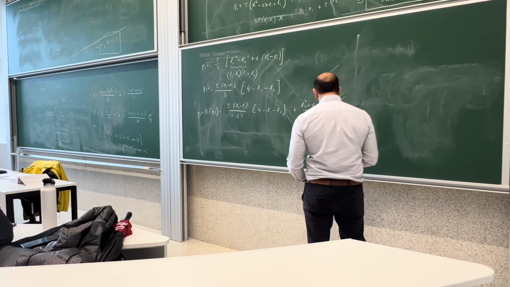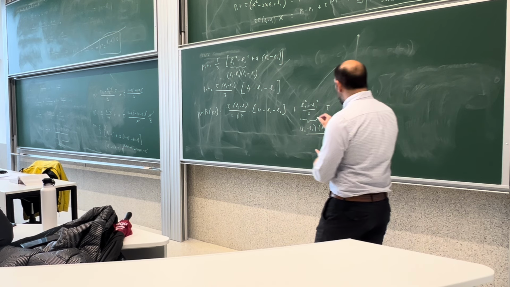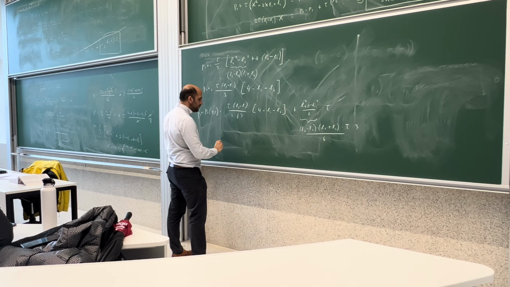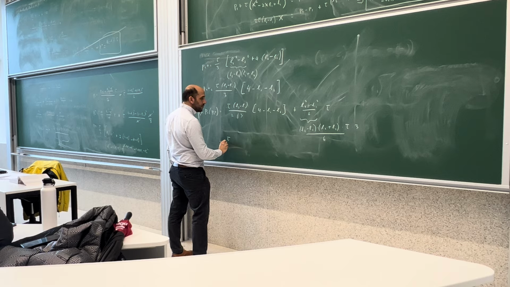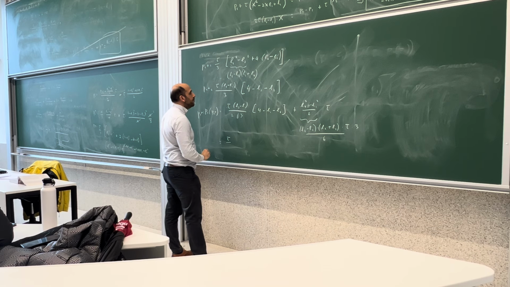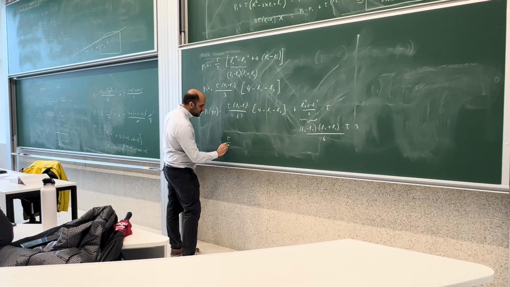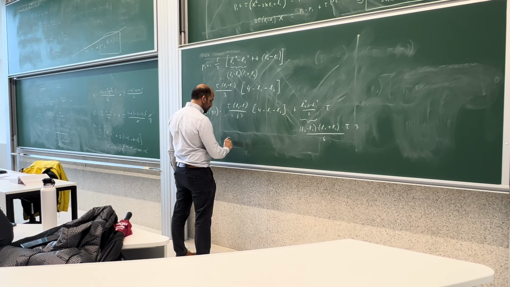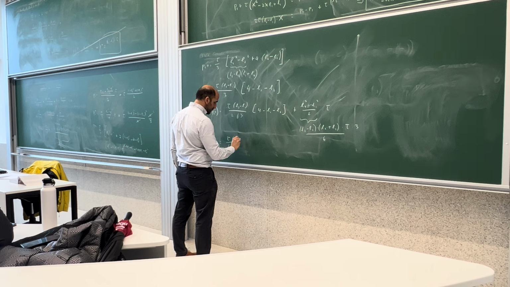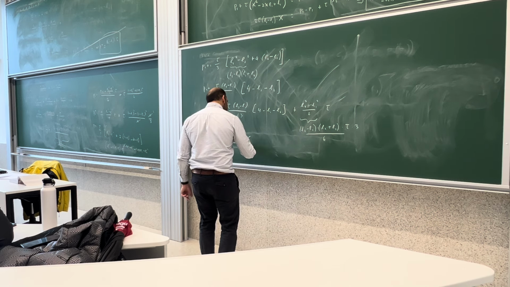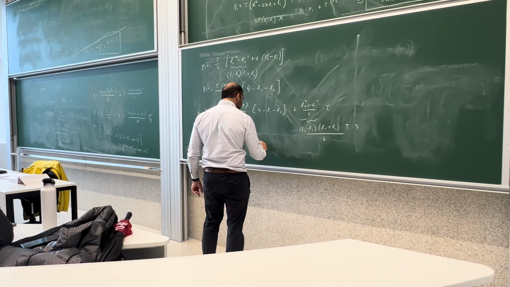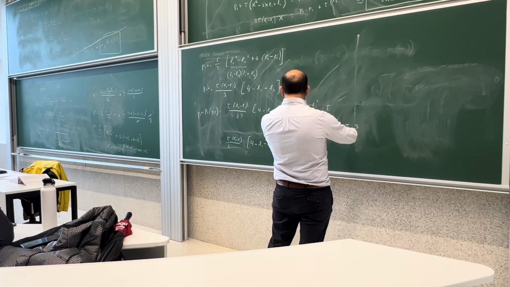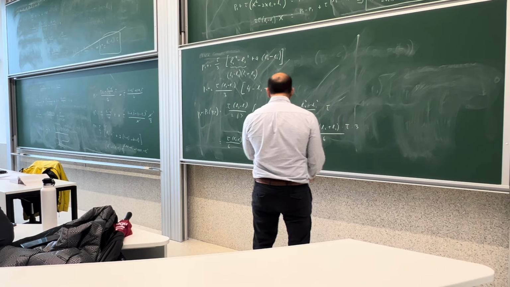So this is going to be equal to tau over 6 times L2 minus L1 times 4 minus L1 minus L2, plus 3L2 plus 3L1.